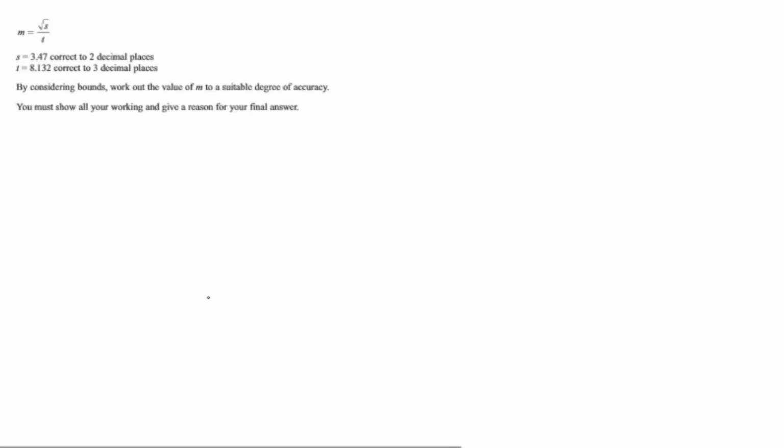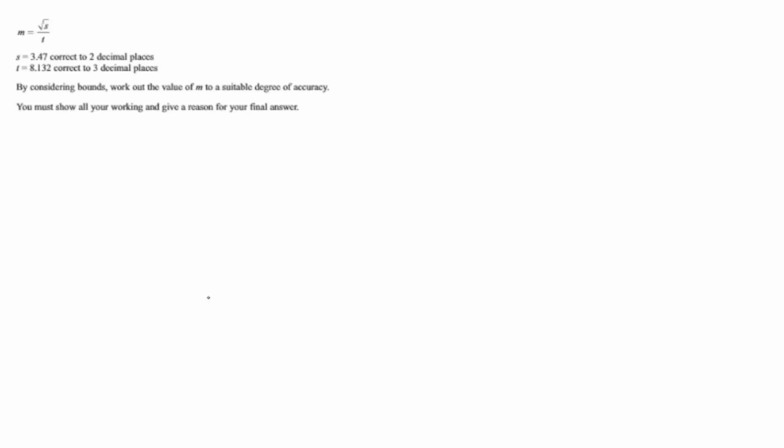So it's already told you you're going to be using bounds. And what it means by a suitable degree of accuracy is basically saying, if we were to find the biggest possible value of m and the smallest possible value of m, they should be able to round at some point to the same number. So you're saying, regardless if you took the most either extreme, m is still going to have this sort of value.